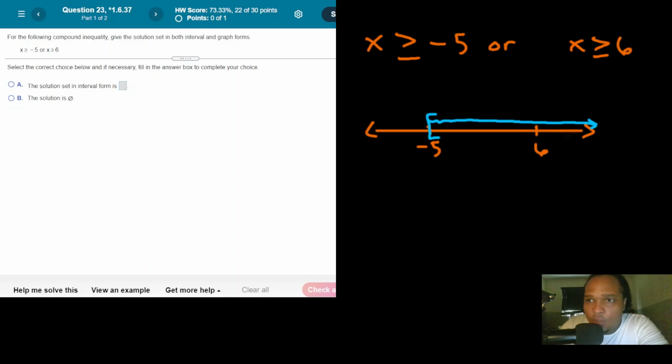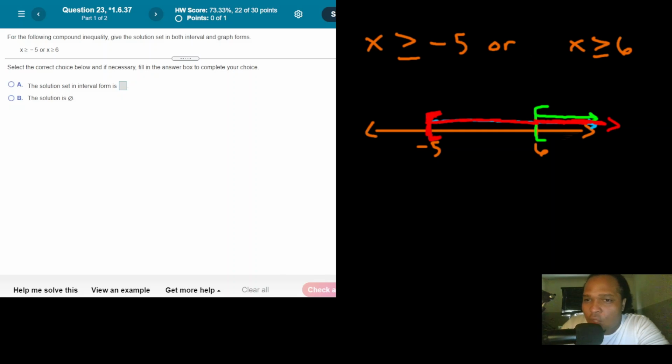And x is also greater than or equal to 6 as well. So we're going to put a bracket here and we're going to shade that way. This is an OR problem. So wherever you have a shade, period, whether they're touching or not, you're going to want to include that in your final answer because we have or. It's either or. So we're going to shade this blue line. We don't have to retrace this inequality because it's included because of the lines. So that's it.